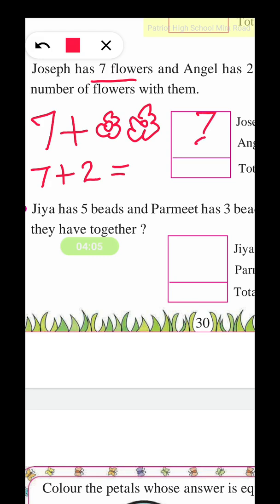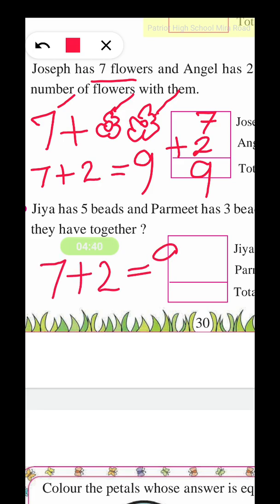Angel has 2 flowers. So we will count 7 as 7 only, and further we will count this flower as 8 and this as 9. 7, 8, 9. We will write 9 over here. So 7 plus 2 is equal to 9.